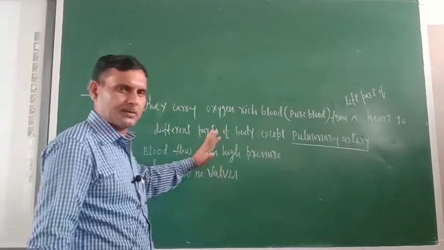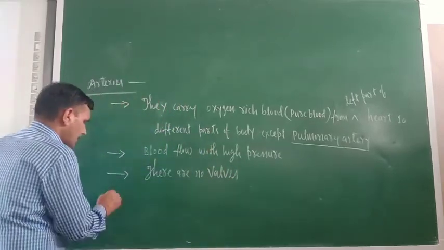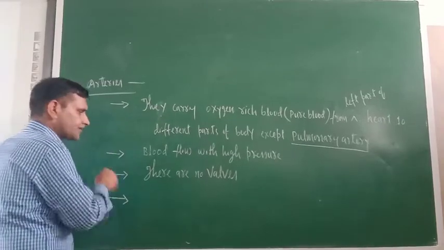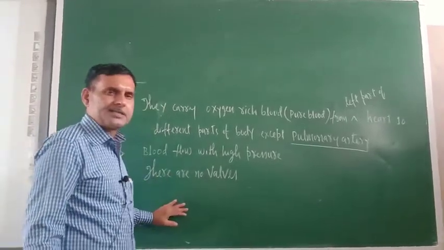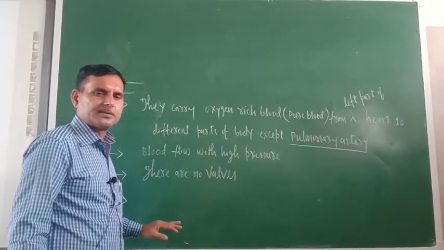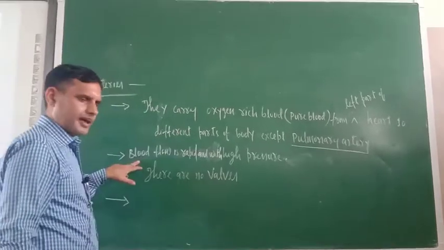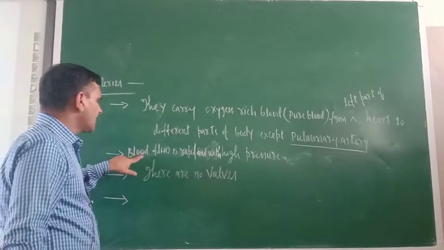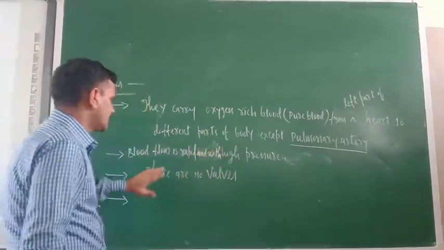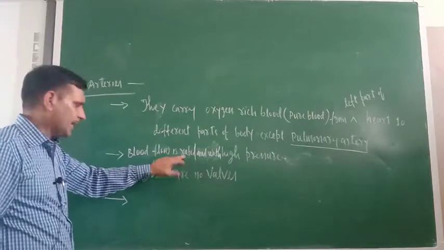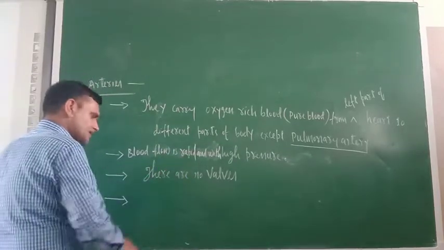I will explain all those points further. Dear cadets, here one correction is there: blood flow is rapid and with high pressure. Just see, the word rapid should also be added. So there are no valves.